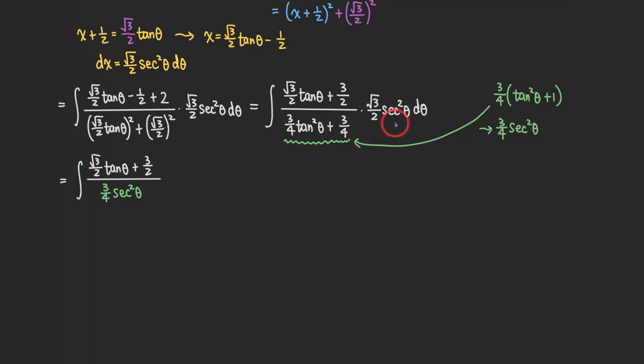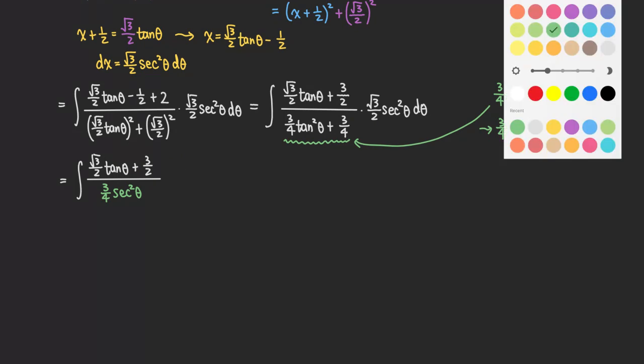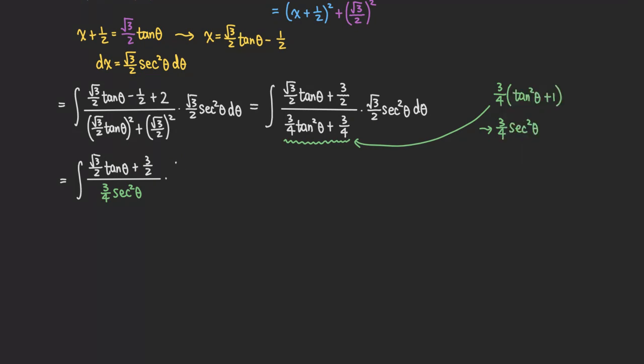That's what we did here. And then we still have the dx portion. So radical 3 over 2, and then secant square theta d theta here.